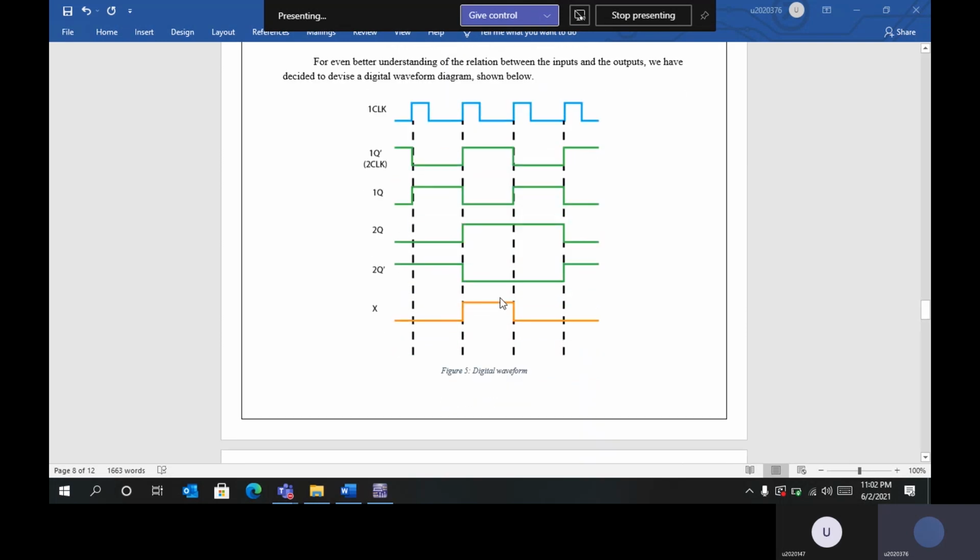And when the flip-flop gets the third rising edge, the Q naught 1 will again toggle to 0, while the 2Q will remain 1, as it is clocked by this 1Q naught. So it will only toggle when the 1Q naught rising edge is detected by the second flip-flop.